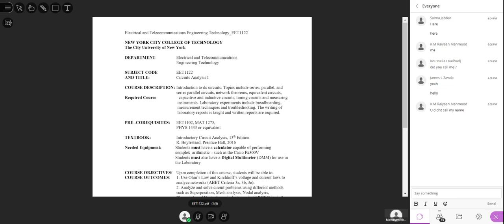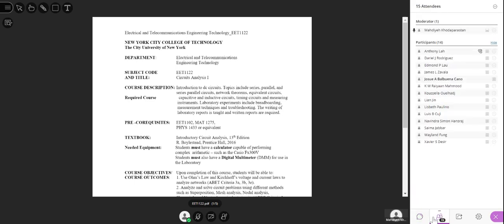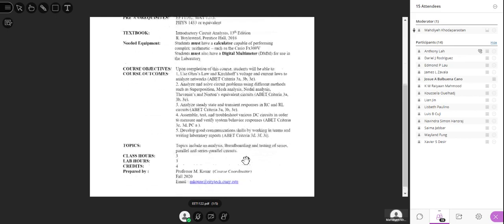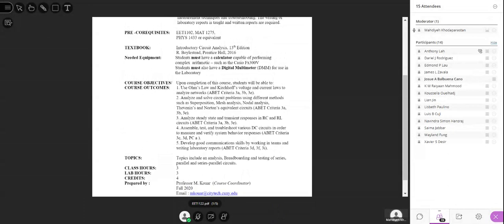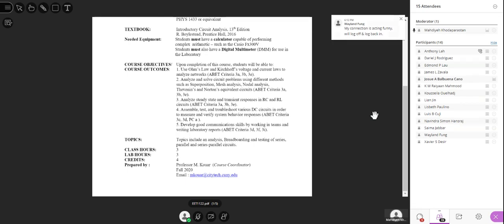Then we are going to learn how to analyze steady state circuits with combinations of resistors and capacitors, and resistors and inductors. And this is for the lecture part.